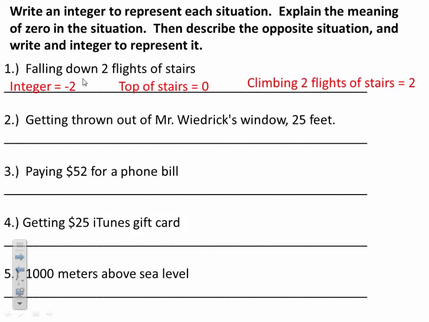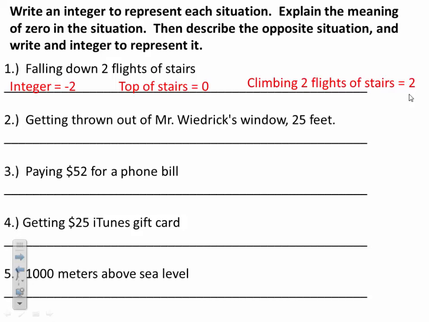So one more time. Falling down 2 flights of stairs. The integer for that is negative 2 because it's going down. The 0 value where we started is the top of the stairs. The opposite would be going up 2 flights of stairs, and the number that represents that, the integer, is positive 2. So I want you to stop the tape right now and do the next 4.